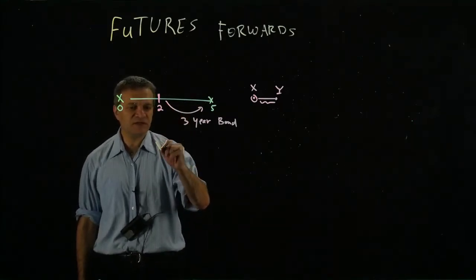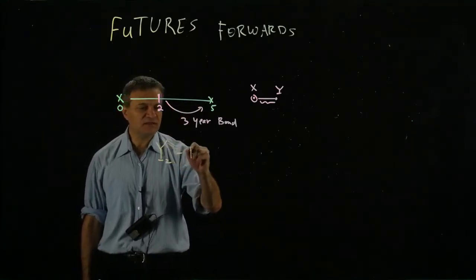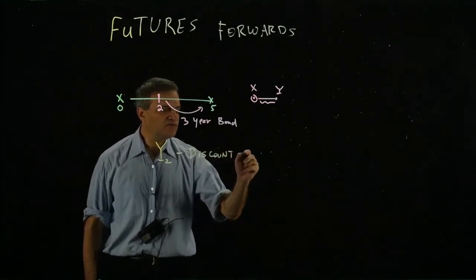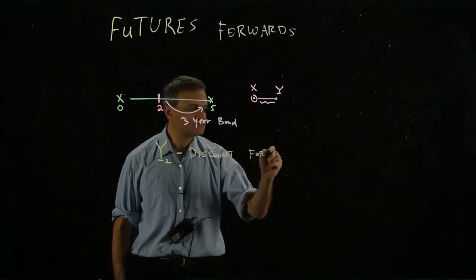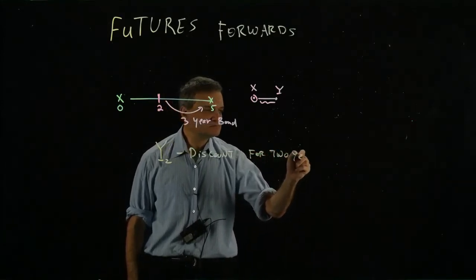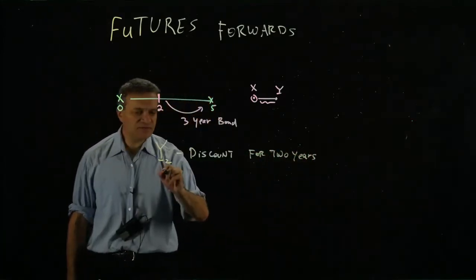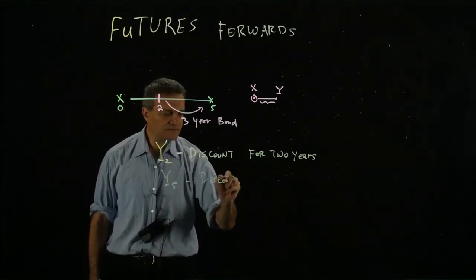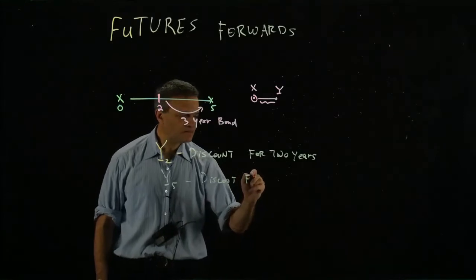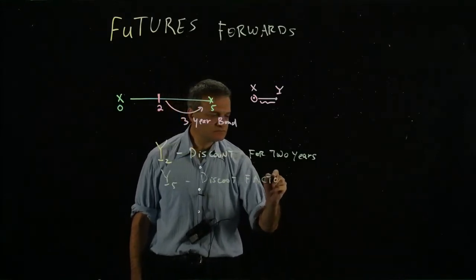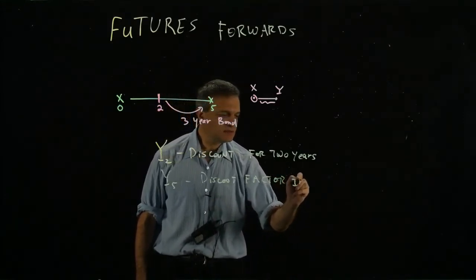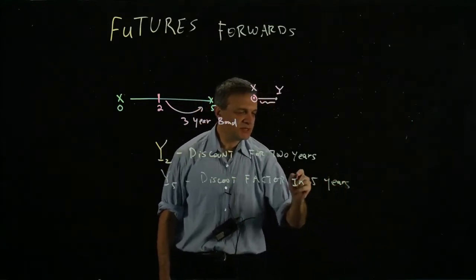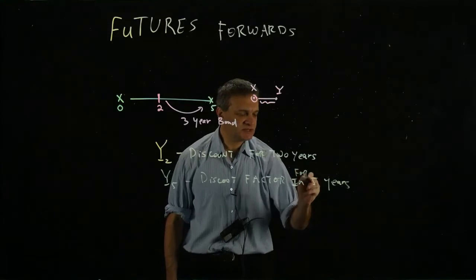The first player is Y2, a discount factor for 2 years. And the second player is Y5, a discount factor for 5 years.